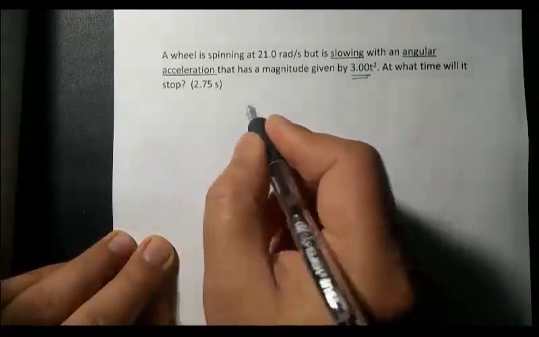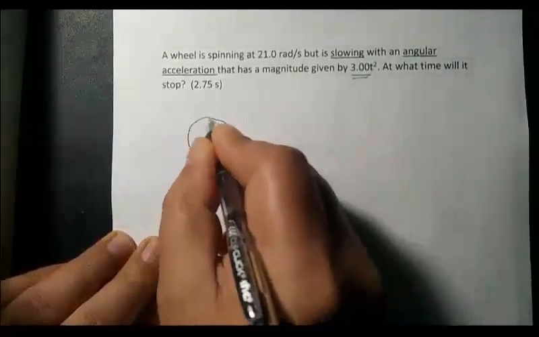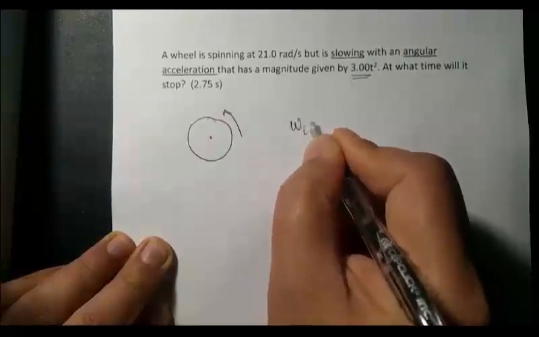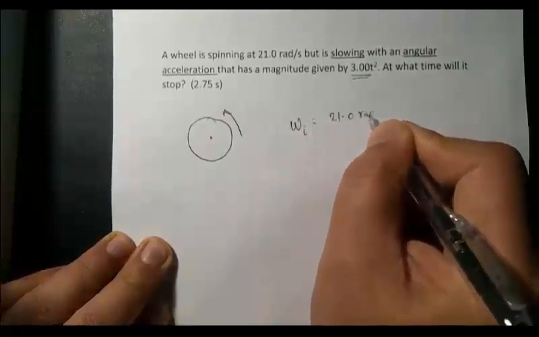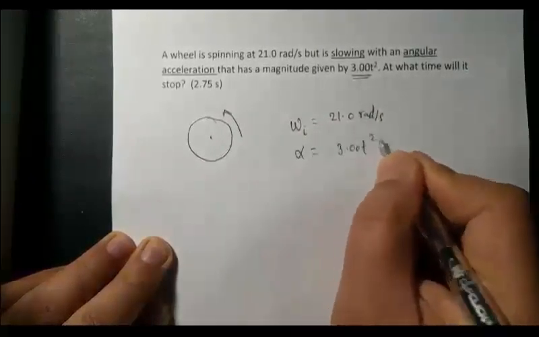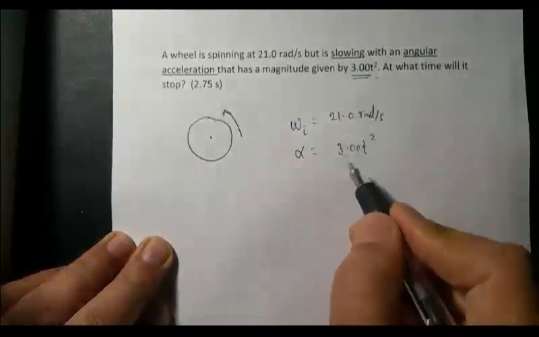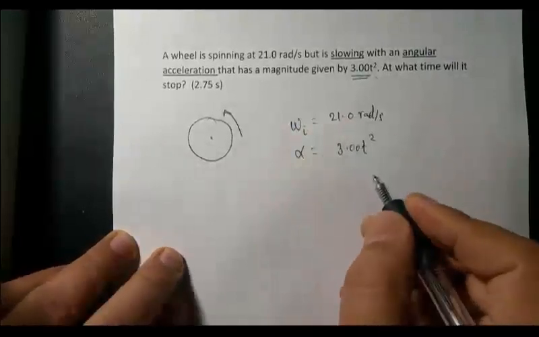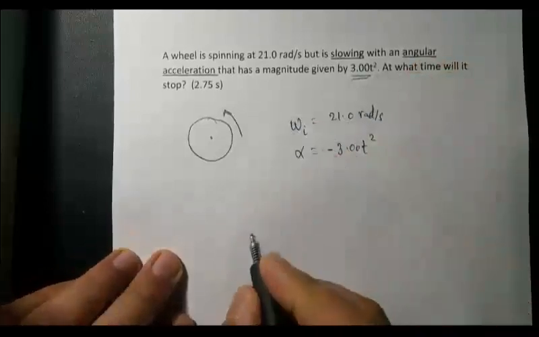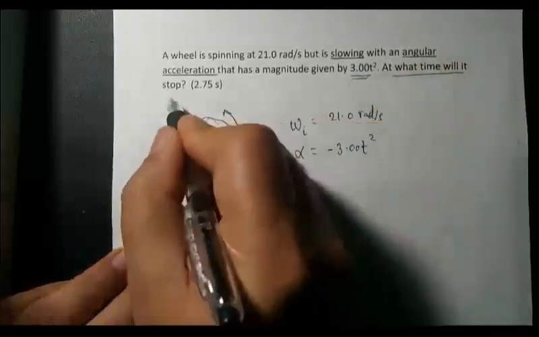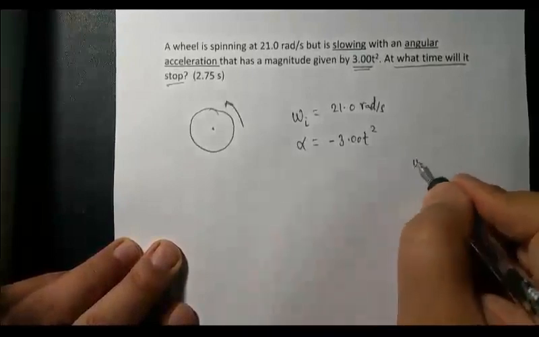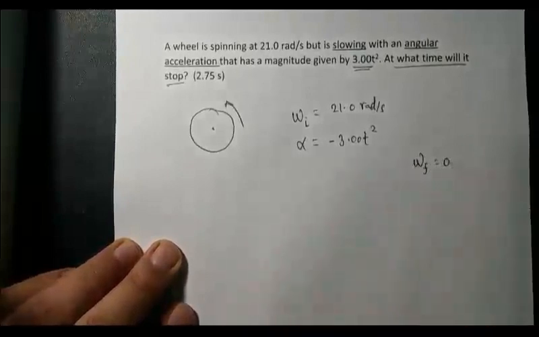This is the wheel. It's spinning counterclockwise, initial speed is 21.0 radians per second, and alpha is given by 3t squared in magnitude. But since it's a deceleration, it is negative. At what time will it stop? We need to figure out at what time omega final is equal to 0.